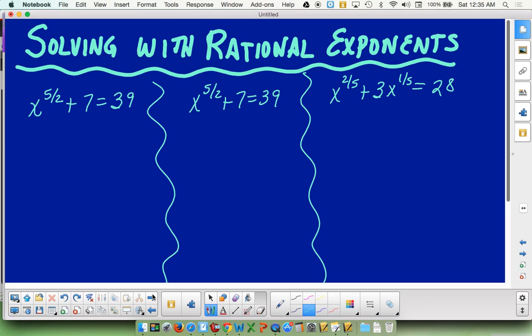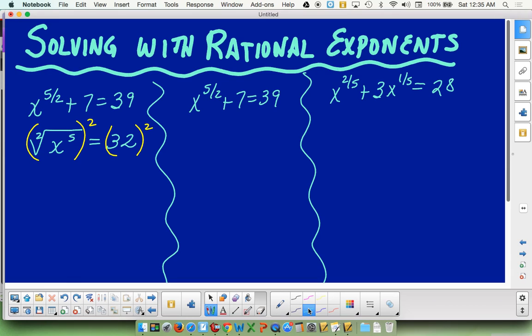One option is, if you don't like the rational exponent, you can turn it into a root. You can actually make that x to the 5th in a square root. I'm going to subtract the 7, which would make me have a 32. And then go ahead and solve it. How would I solve? I would have to get rid of the square root, so I would be squaring it.